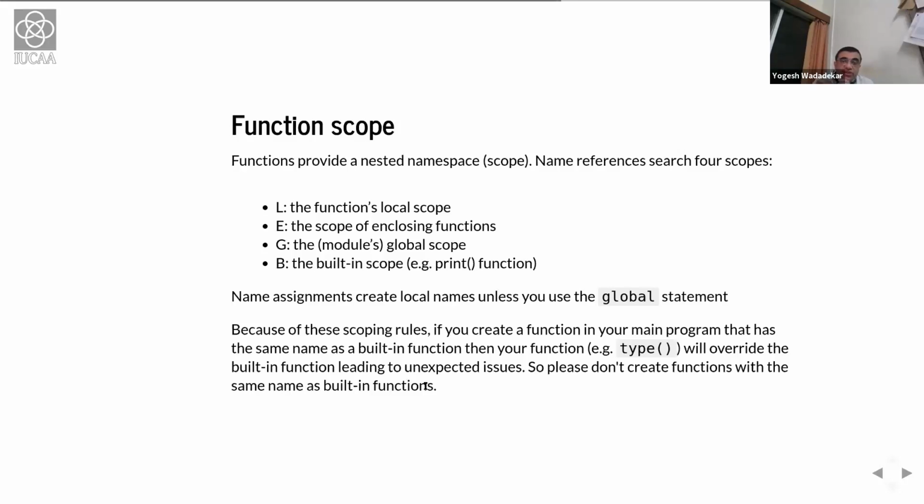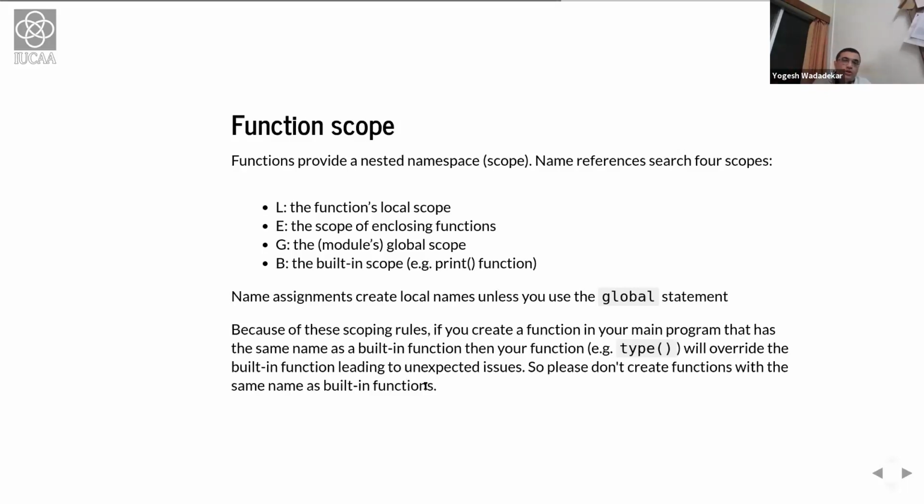If you create a function in your main program that has the same name as a built-in function, for example, if you define a function called type, which has the same name as the built-in function type, this will override the built-in function, leading to unexpected issues, because you have redefined type, but nobody expects you to redefine type, right?